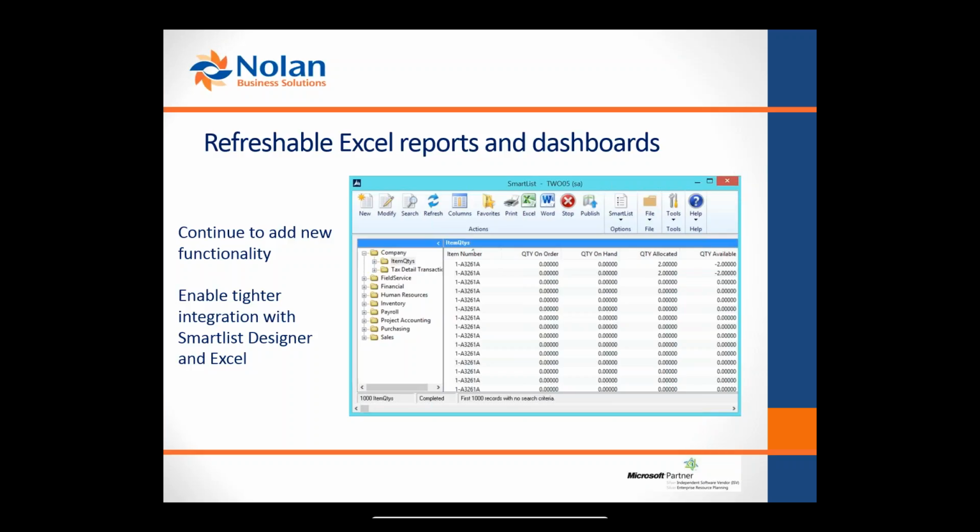What this enables us to do now is create a smart list using the Smart List Designer, and then there's a new feature that allows you to publish that view, so that from outside Dynamics GP you can pick up that Excel report and refresh the data within it directly from Excel, so the refreshed data is pulled in and visible directly within Excel. So again, it avoids the need to log into Dynamics GP to use the smart lists. So, tighter integration with Excel and other Microsoft products.